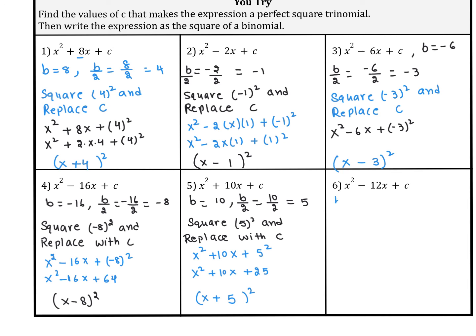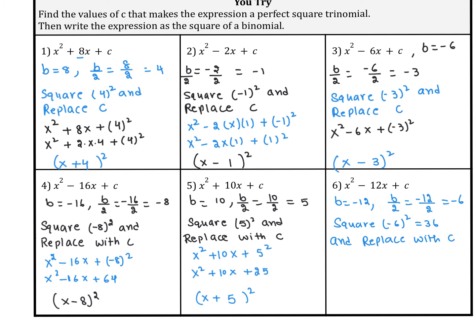In the next question, b is negative 12, and half of b is negative 12 over 2, that is negative 6. You square that, negative 6 squared, and that's 36, and replace c.